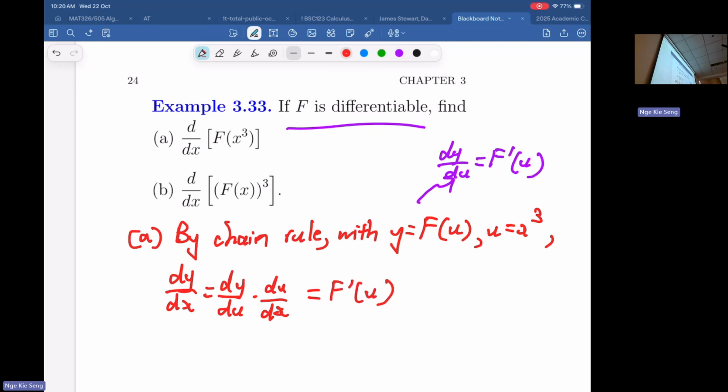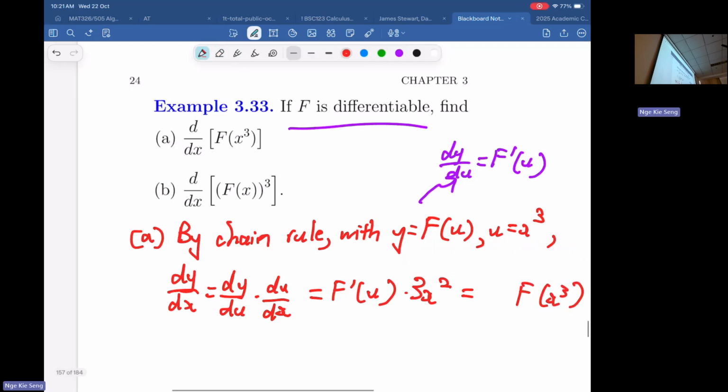That's all, meaning the limit exists. Then what is du/dx? I think du/dx is easier, right? It's 3x squared. Similarly, you see here there is u. U is in terms of x, so you should substitute u equals x cubed back. So all together, you will get 3x squared times f prime of x cubed.